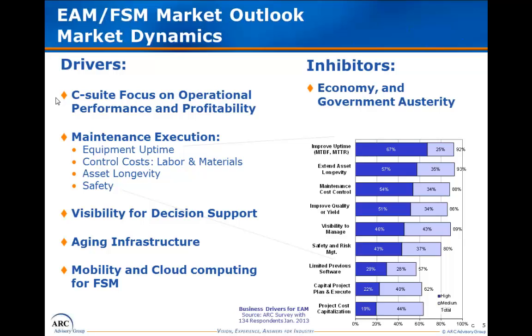And in the asset-intensive industries, maintenance is a significant part of the cost. So that focus has given the capability to upgrade or buy a modern EAM system so that maintenance managers can manage their costs and be more effective.